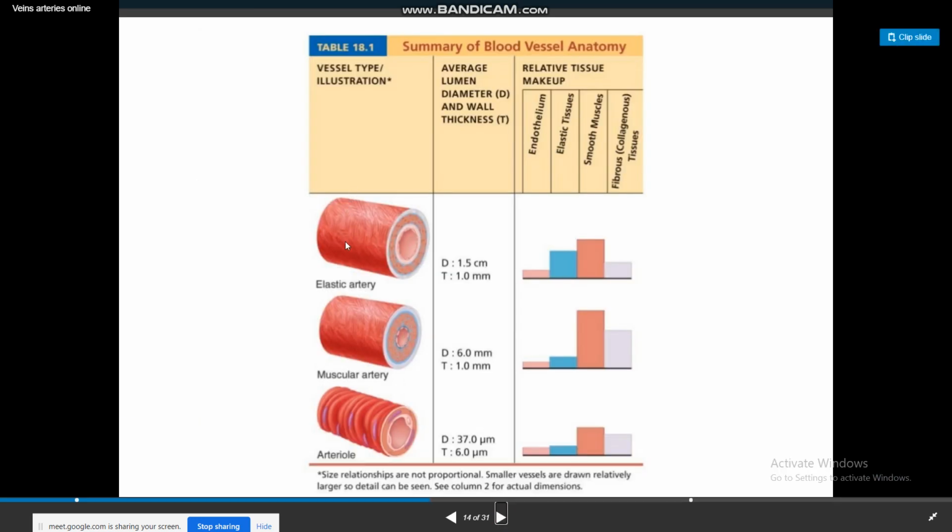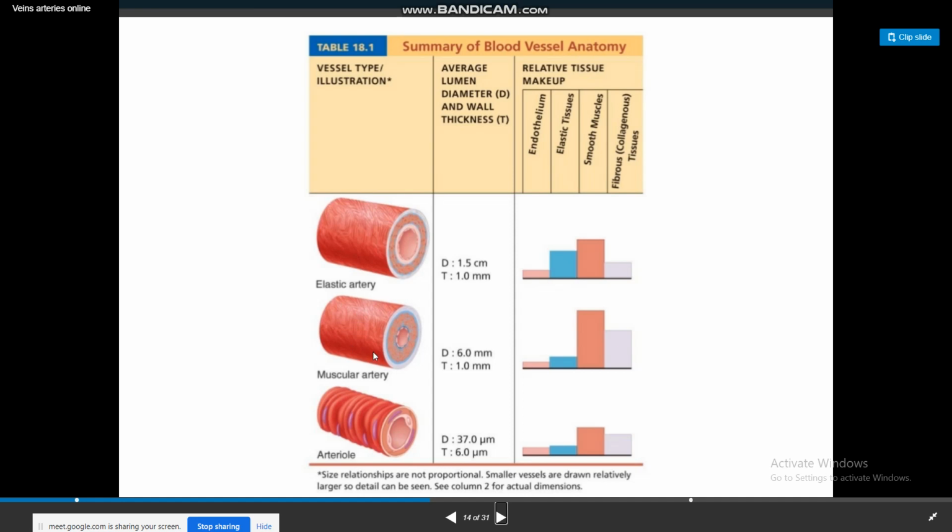First we will compare them. The elastic artery is the thickest one. In the muscular artery, the tunica media is the thick portion compared to the tunica externa and tunica interna. Then the arteriole, where we look at the diameter. The diameter of the elastic artery is around 1.5 centimeters and its thickness is around 1 mm.